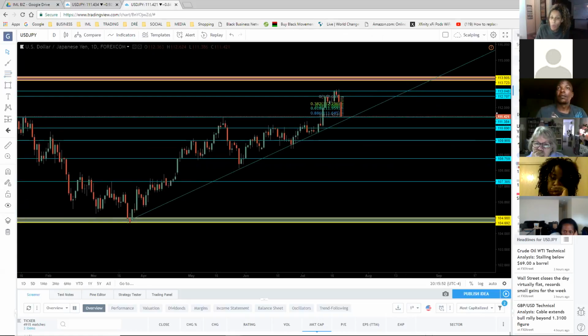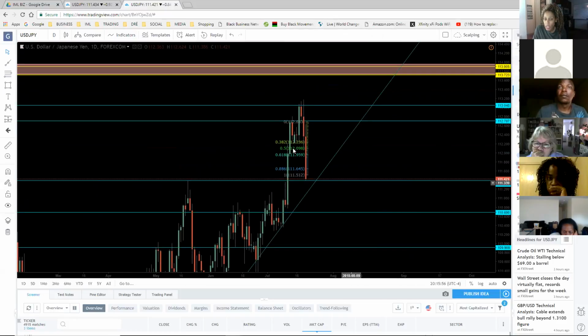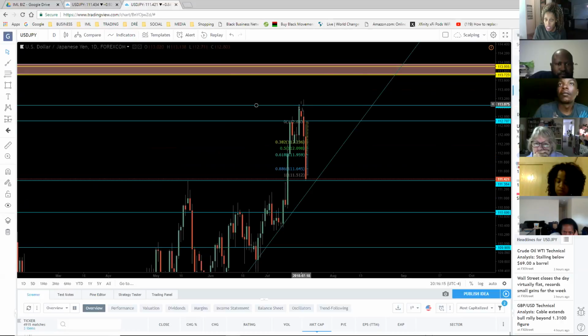You put 0.01 and then your stop loss would be where, Sheila? If I was putting in this for a sell limit, then my stop loss would be about 4 pips above this wick. Well, technically you want it to be 3 to 5 pips above the high, which is up there.